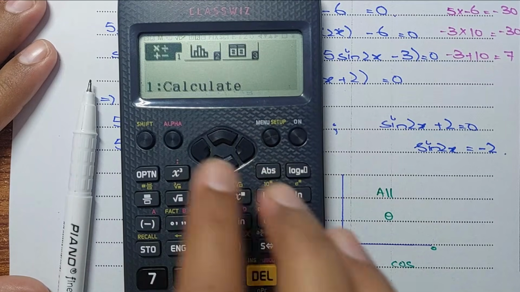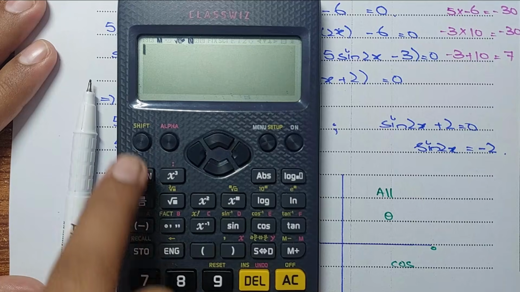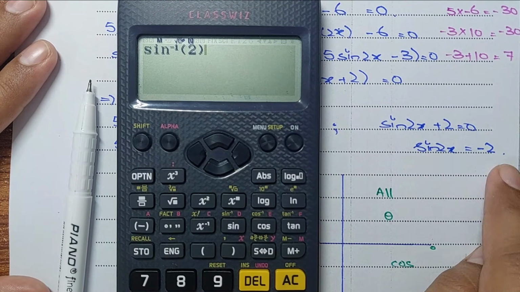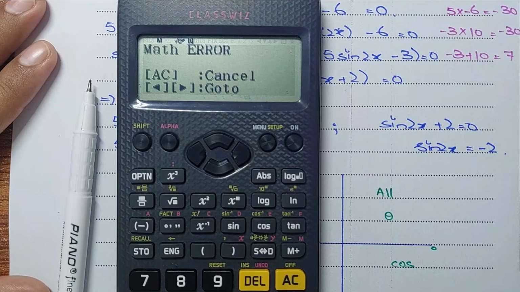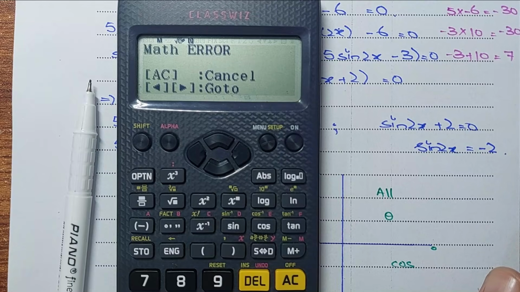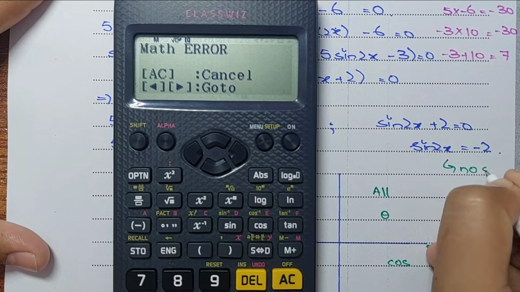Let me convert my calculator into degree mode first, because the domain is in degrees. Sine inverse of 2 gives an error. The sine value is between 1 and minus 1, right? The range of sine and cosine is between minus 1 and 1, so there is no solution from here.